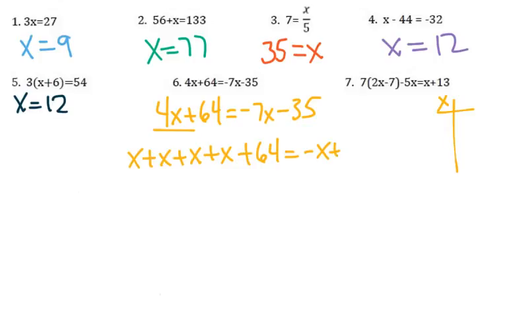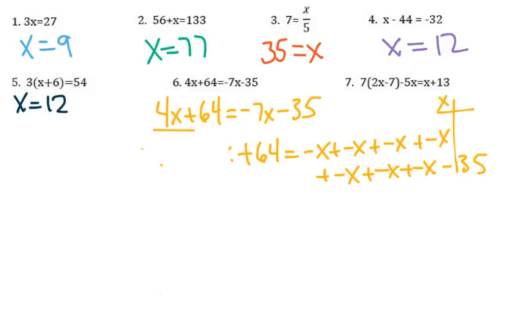Negative x plus negative x, and so on, seven times, minus 35. Okay? And so what you can kind of think about is that we want to combine those. That's all the 7 times x means, is we've got a ton of those variables. So we can put them all together and see how many we're left with.